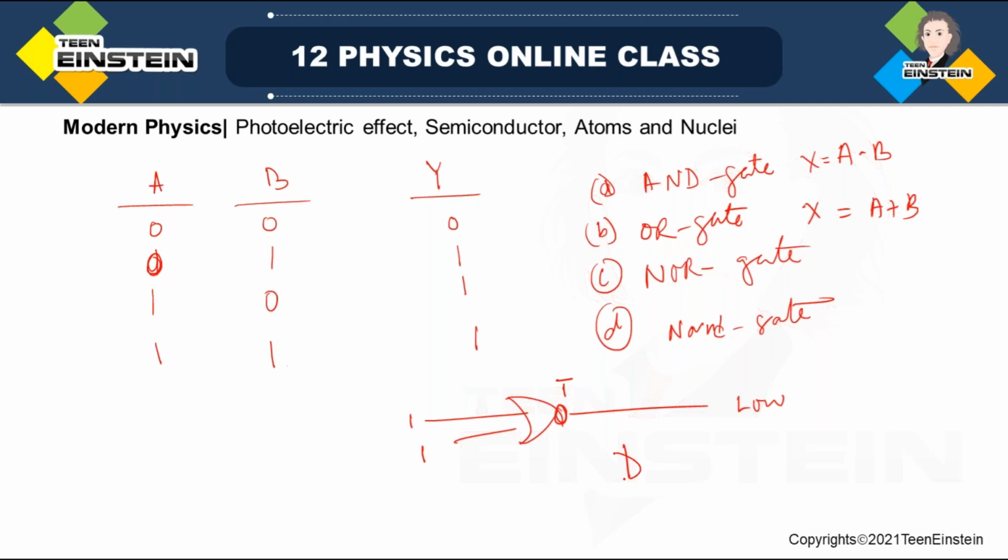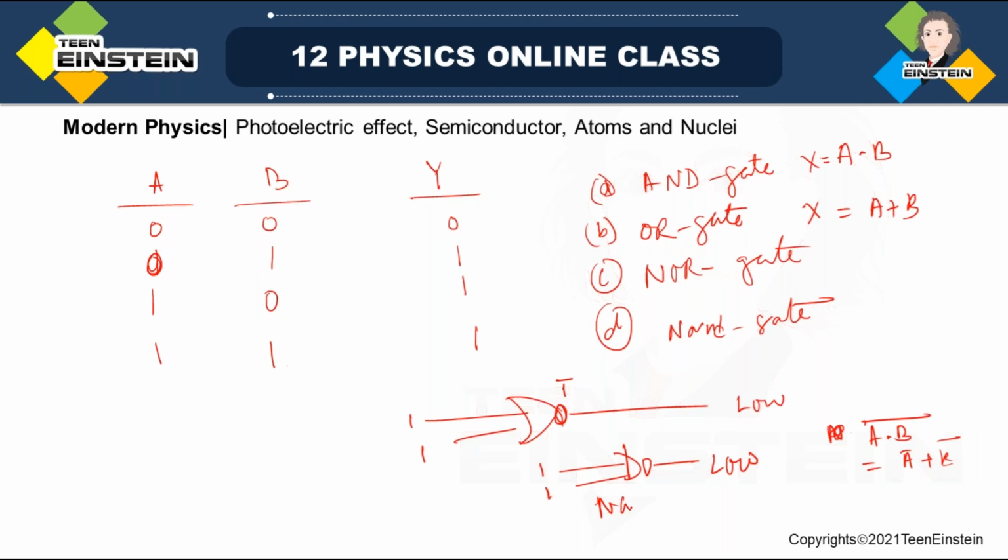NAND gate is actually AND along with NOT. So if you get here 1 1, NAND should actually give you AND plus NOT. That means A dot B and bar of that. So you should get A bar plus B bar. So in this case also both are high means you'll get low output.